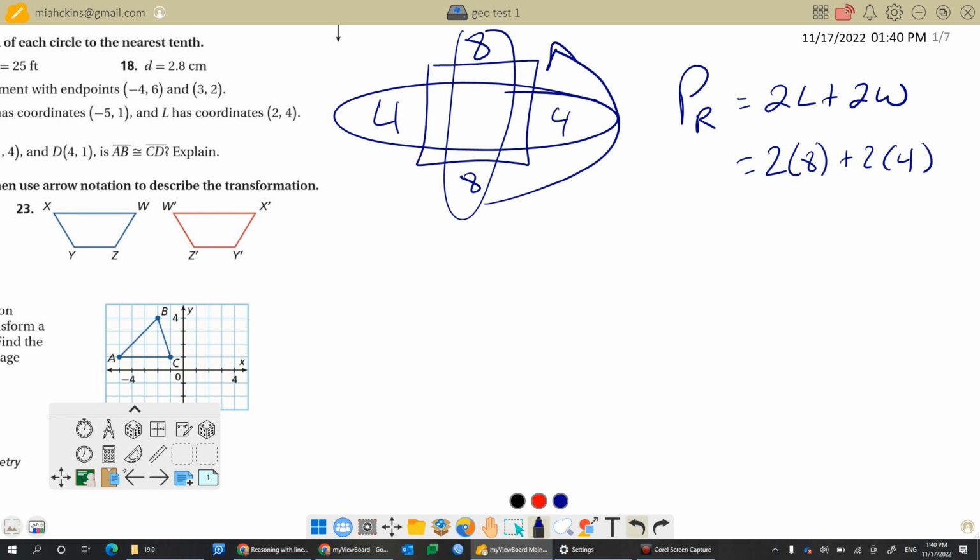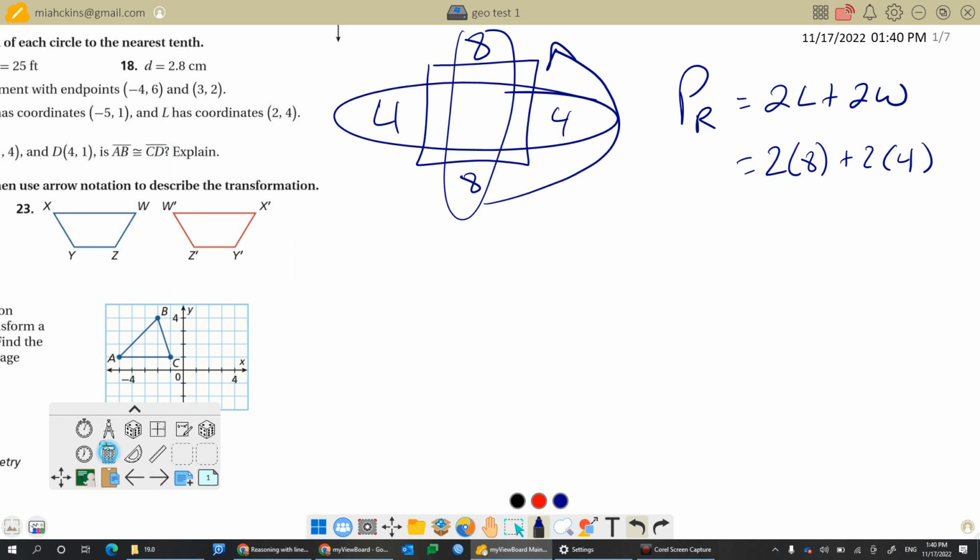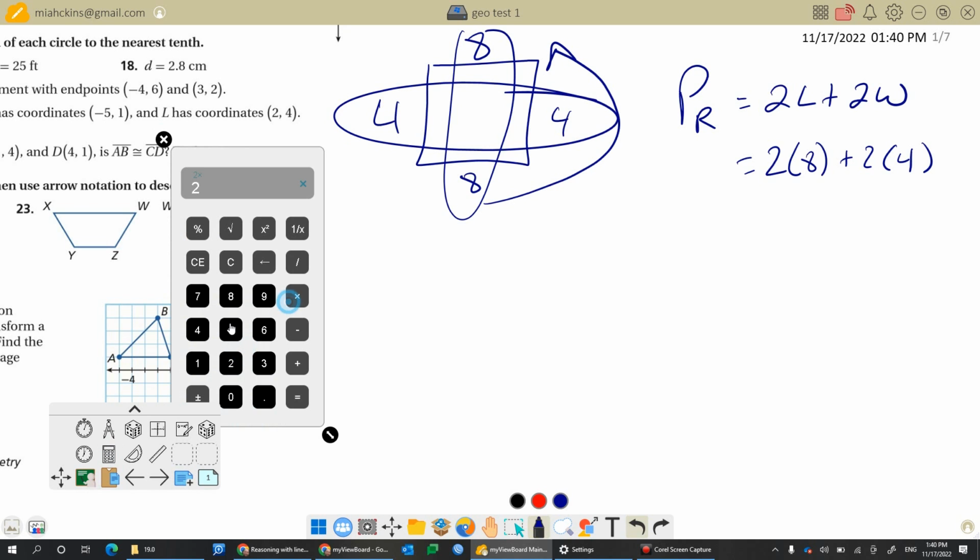And then if we run that through our calculator, 2 times 8 is 16, so we have 16 plus 8, and 16 plus 8 is 24. So the perimeter of the rectangle is 24.